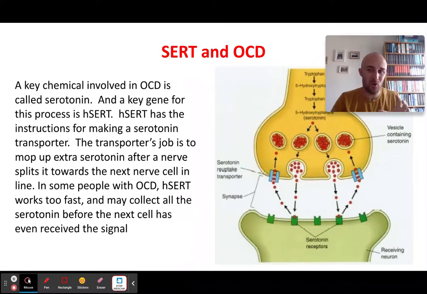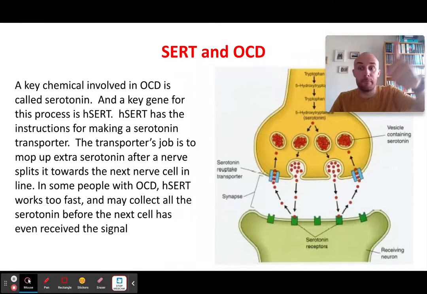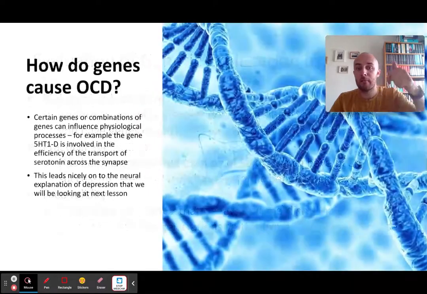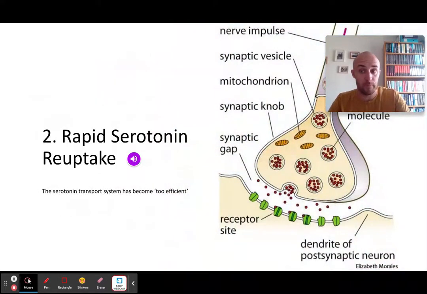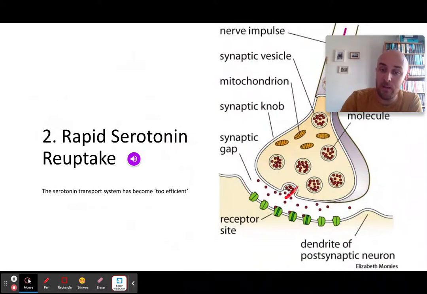So you can either talk about that from a genetic point of view and talk about the faulty SERT gene, or you can talk about it from a biochemical point of view and not talk about the SERT gene, but in fact talk about how this rapid reuptake of serotonin causes schizophrenia. You're kind of talking about the same explanation here.